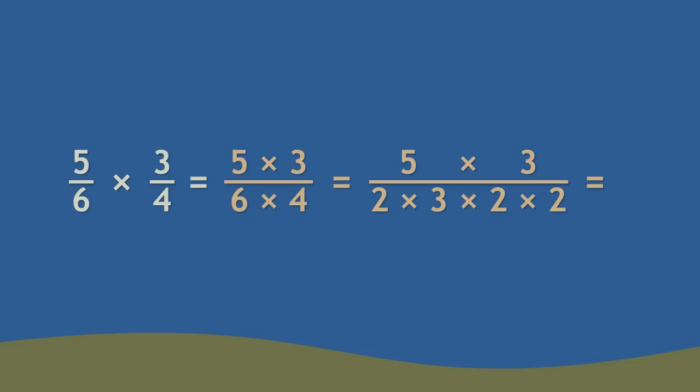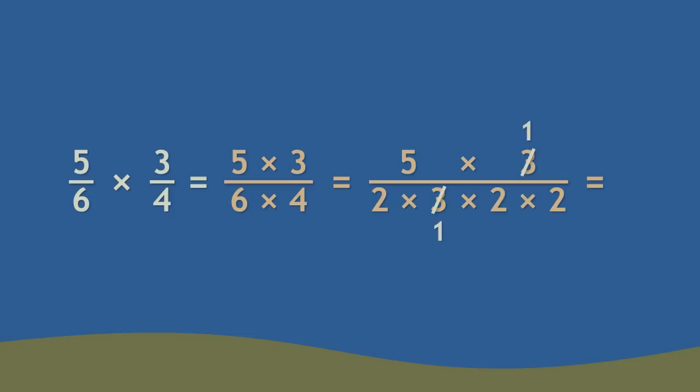So then what we would do is look for fractional names of 1. Now remember, whenever we have a fraction that is equal to 1, that means it has the same number in the numerator as the denominator. So in this case, we would see that we have both a 3 in the numerator and a 3 in the denominator. So we can cancel those out.